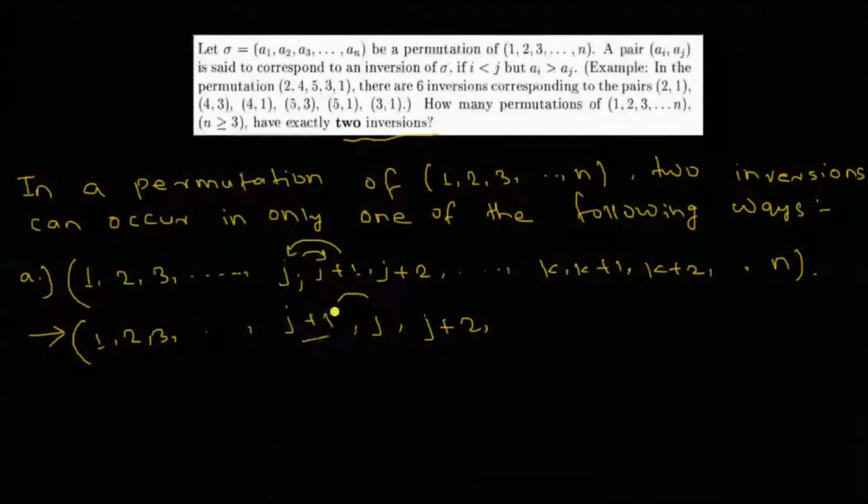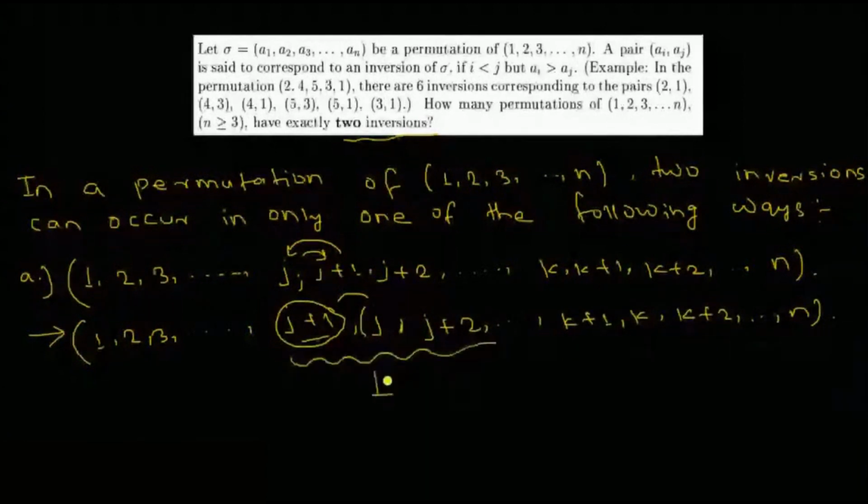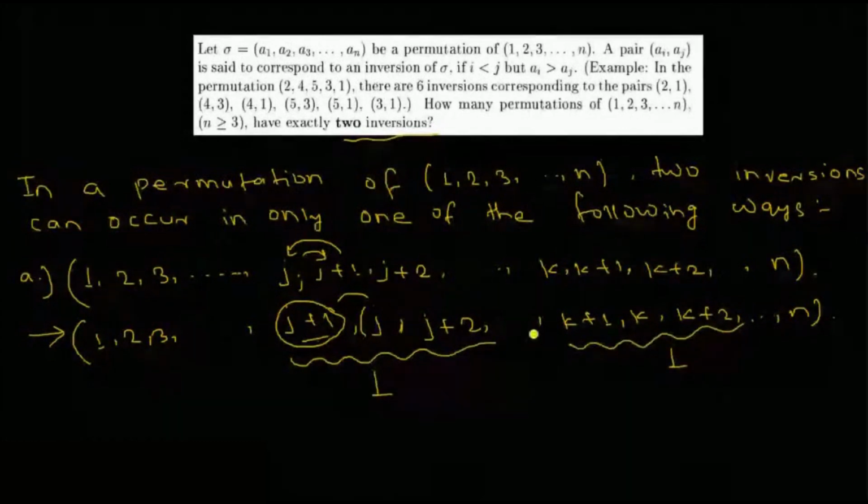So it has inversion 1, right? And all the other cases are as well, in the kth term, k plus 1, k and k plus 2 up to n. This has inversion 1, and similarly the other has inversion 1. So the total inversion is 2, right?